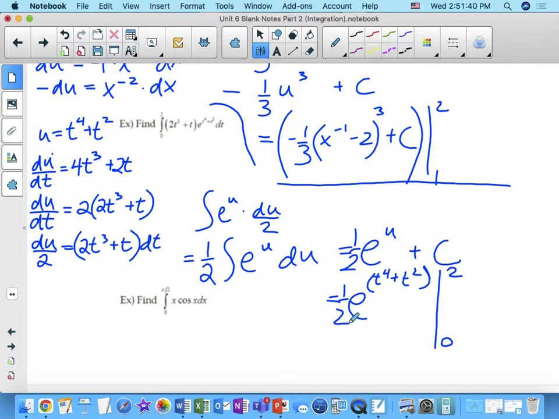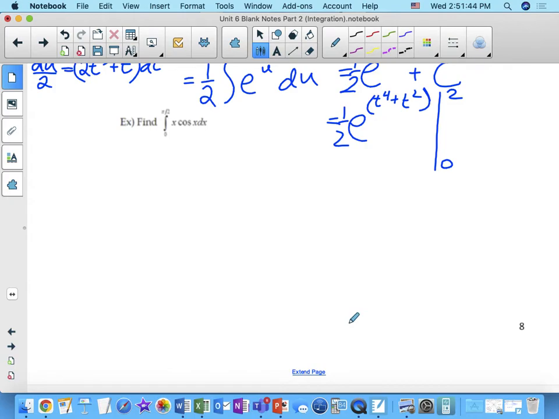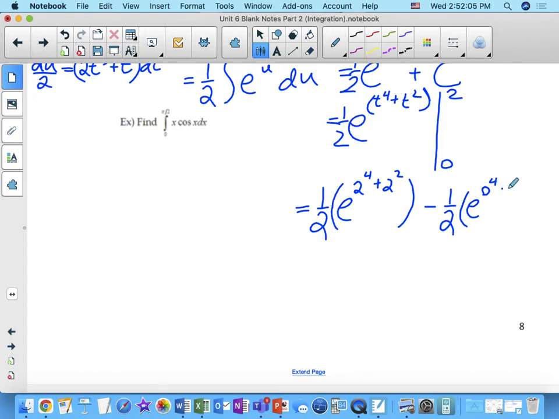Okay, and this will be one half times e to the 2 to the 4 plus 2 squared minus 1/2 times e to the 0 to the 4 plus 0 squared.